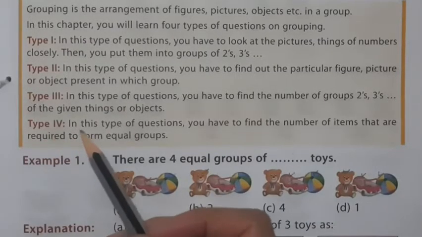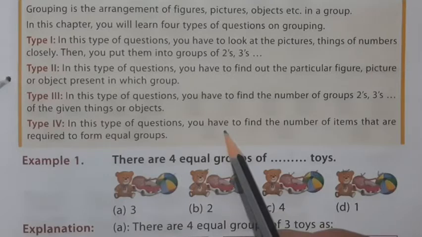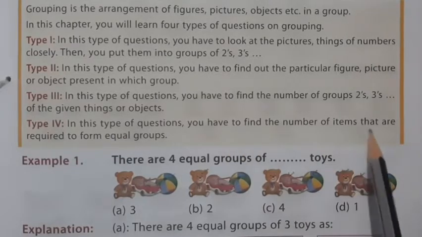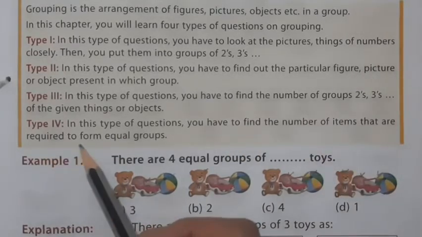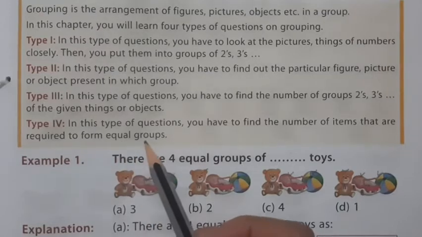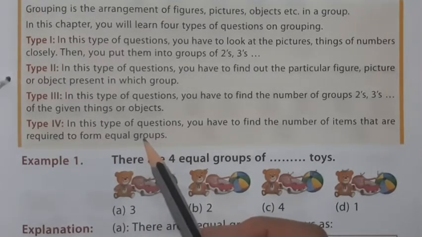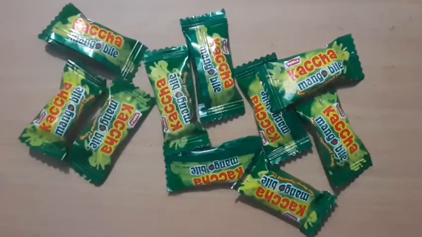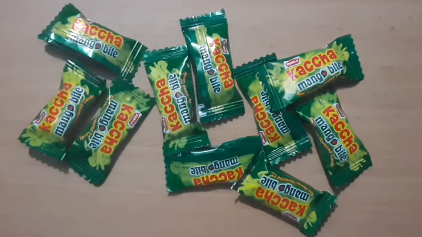Type 4. In this type of questions, you have to find the number of items that are required to form equal groups. See the example. Look at this candy. How many more candies do you need to form 4 equal groups of 3 candies?